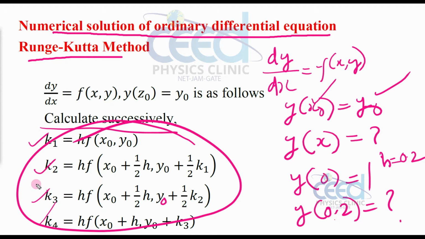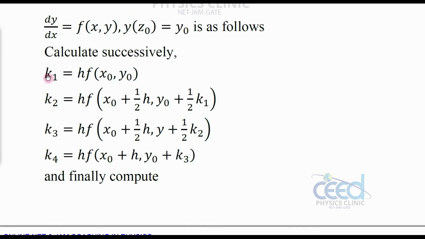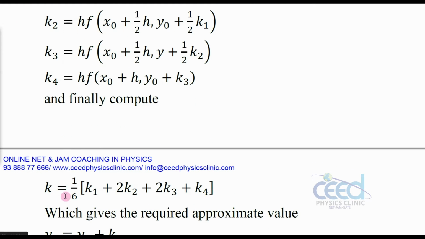Once I get k1, k2, k3, k4, we will calculate a constant k that is equal to 1 by 6 into k1 plus 2k2 plus 2k3 plus k4.